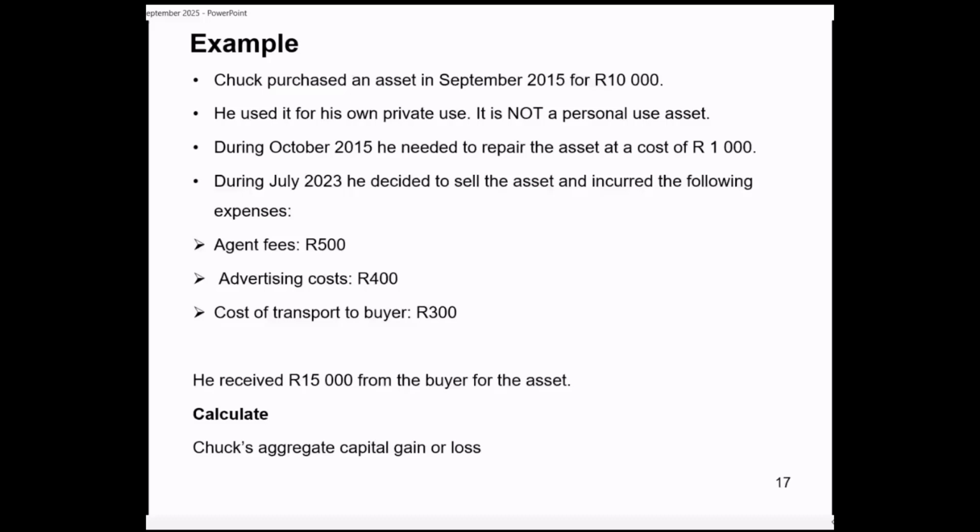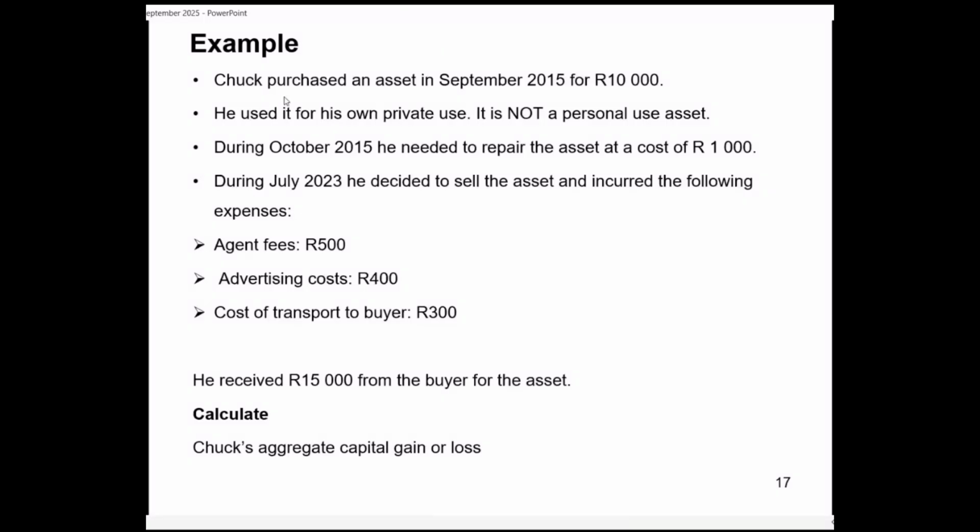He received 15,000 from the buyer for the asset. I want you to take 5 minutes and try to calculate the capital gain or loss. I want to see if you can apply paragraph 20 on this question, and then we'll continue.